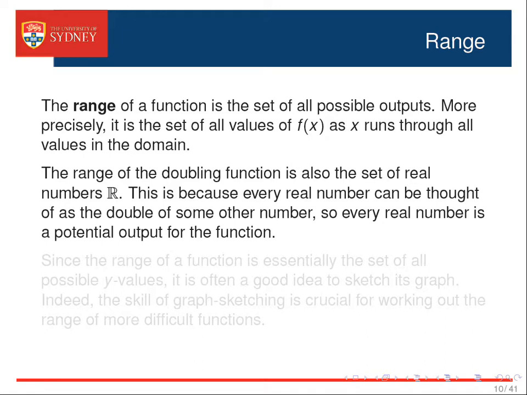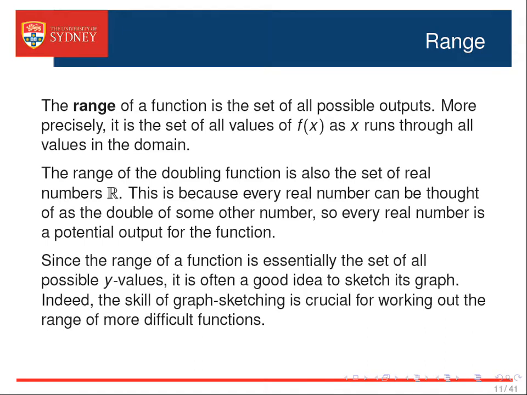This is because every real number is the double of some other number, so every single real number is potentially an output for the function. Since the range of a function is essentially the set of all possible y values, it's often wise to sketch its graph. Indeed, having graph sketching skills can prove quite advantageous for working out the range of more difficult functions.